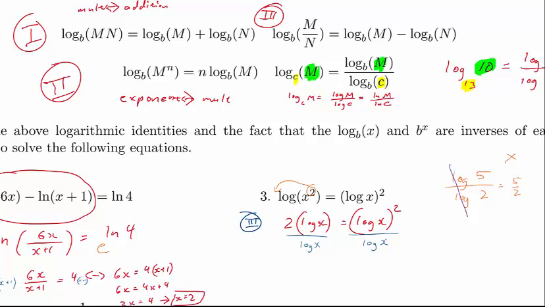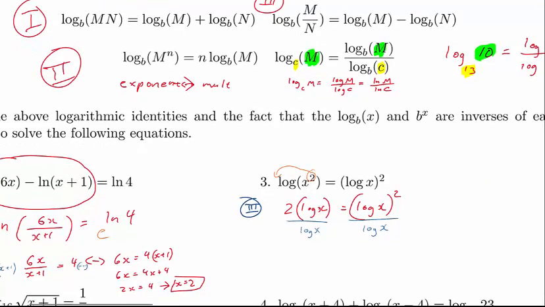That's wrong. That's not correct. Okay? You cannot cancel out logs in this fashion because log is a function. It's not a multiplication, right? So this does not work. Do not do this.